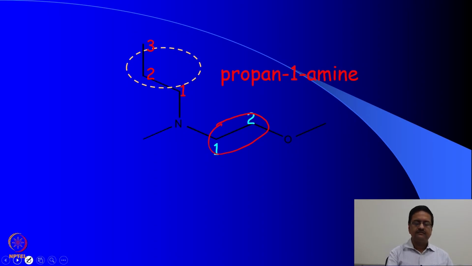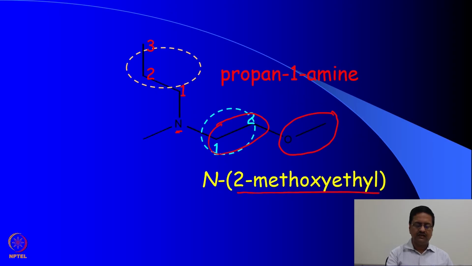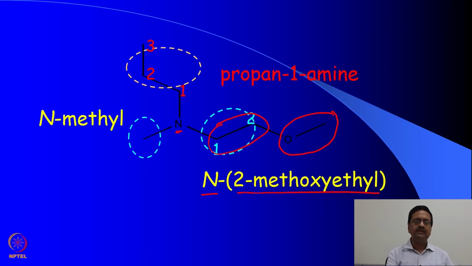What we have is 1, 2, that is ethane. So, what we should write is that the nitrogen is attached to a 2-methoxy ethyl. This is the methoxy group connected to 2 position. So, it is 2-methoxy ethyl that is connected to nitrogen, and then we have N-methyl substitution on the left.